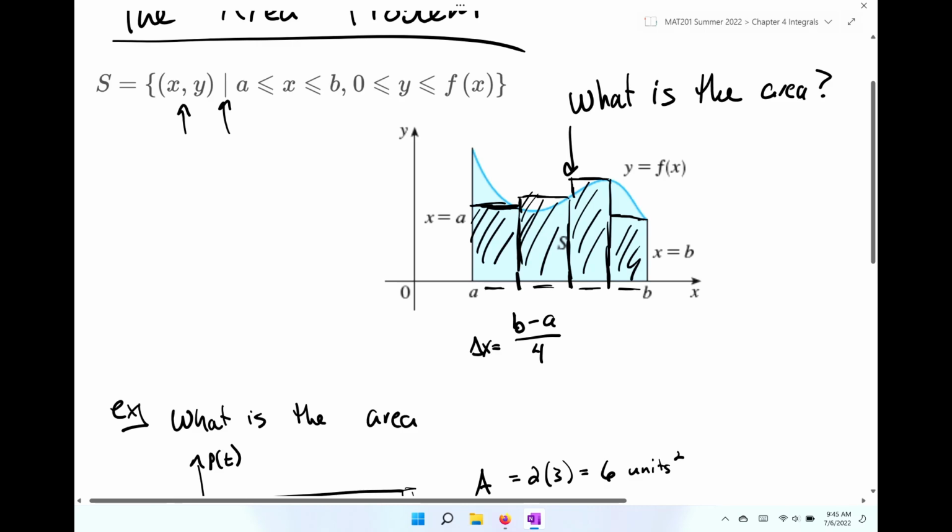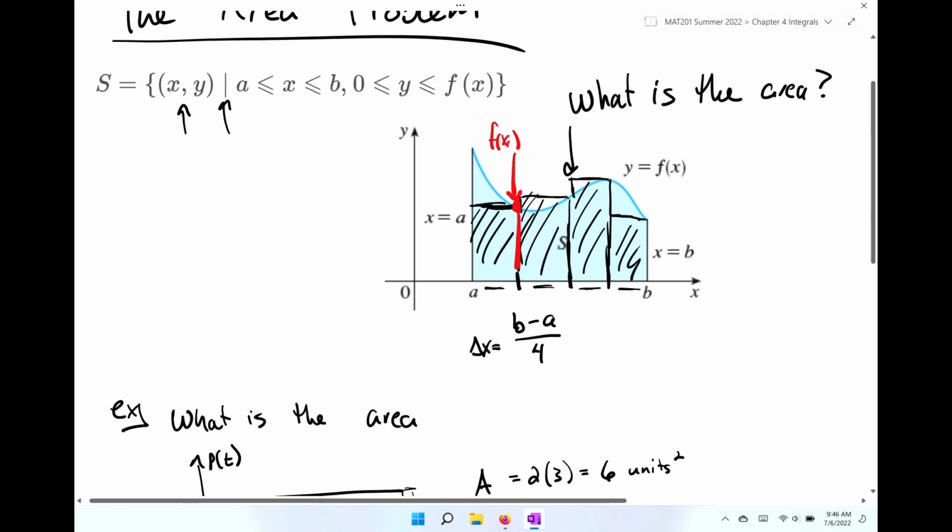Okay? Next, we know the height of every single one of these rectangles. So let me get out a different color marker here. For example, the height of this rectangle right here will happen at that point where it touches my function. So the height of this specific rectangle, I'm just going to call it f of x1.